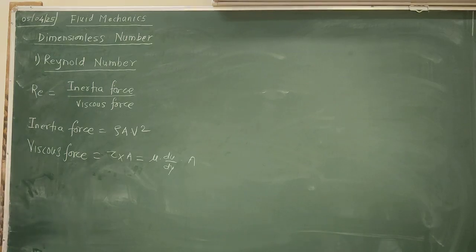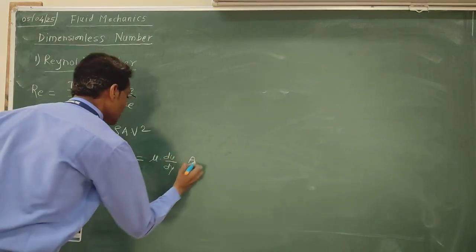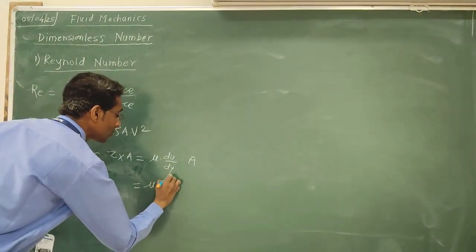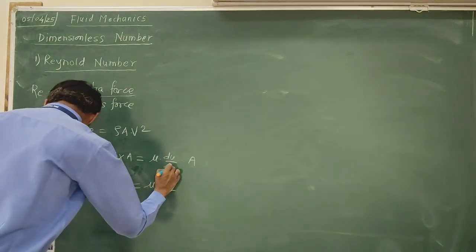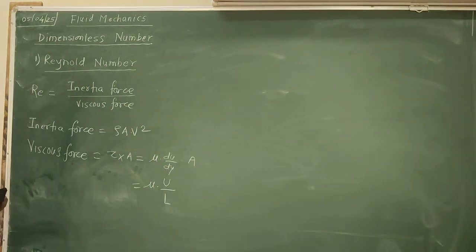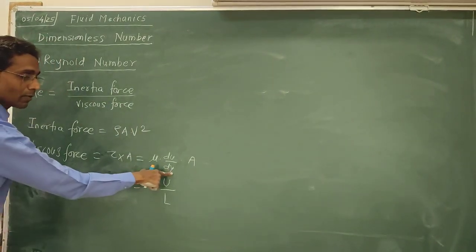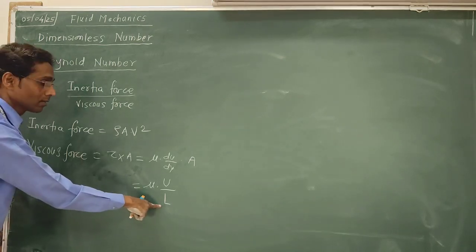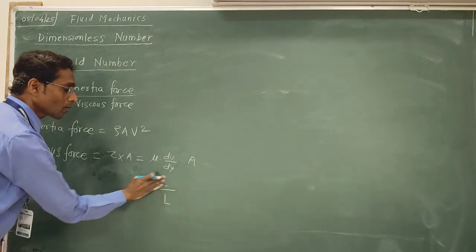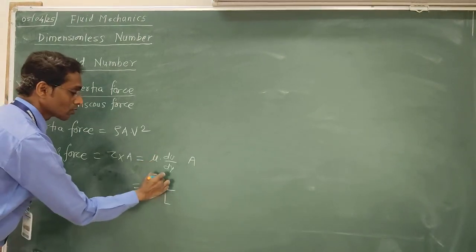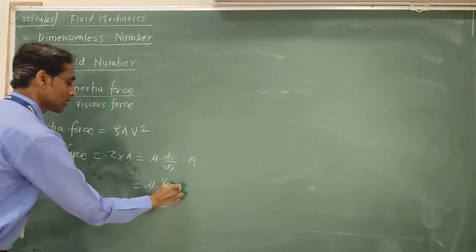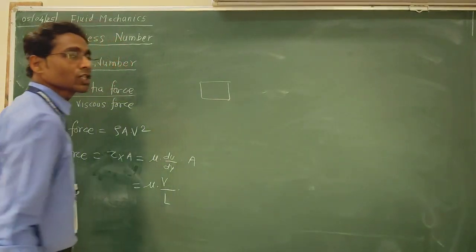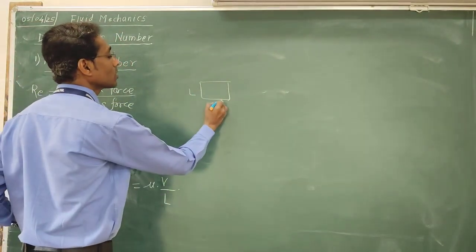Further, we will write this as mu. Du we will take as velocity, and dy we will take as a dimension. For the dimension we will take the dimensional property L. For du we will take the flow property, velocity V. And this is area. Area of any shape is length into width.